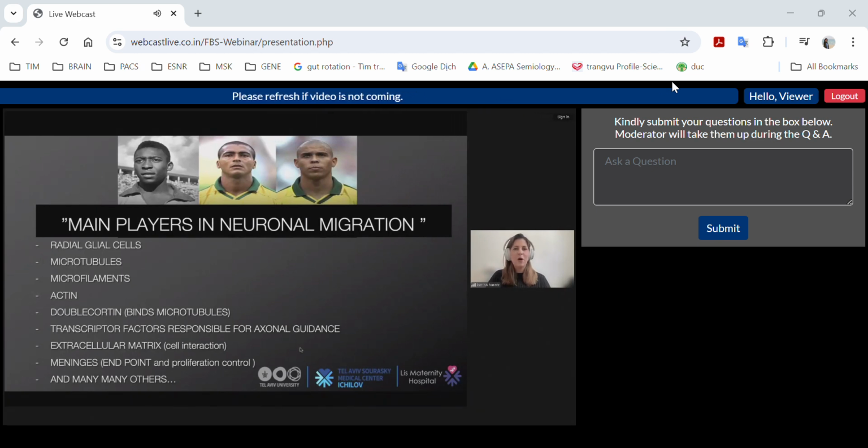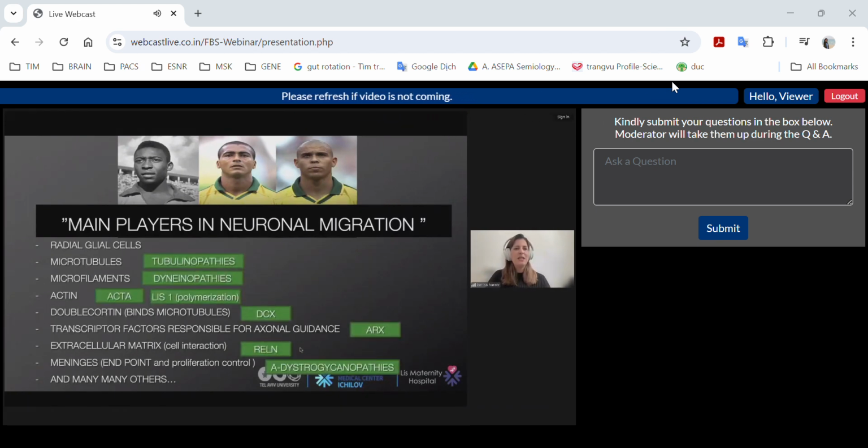And our main players regarding neuronal migration need to be understood for us to understand the complexity of the possible diagnosis, the overlap of the fetal phenotype of the different entities, and why do we find specific abnormalities in the brain in this and that disease.